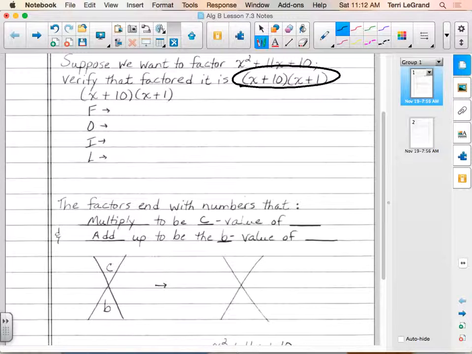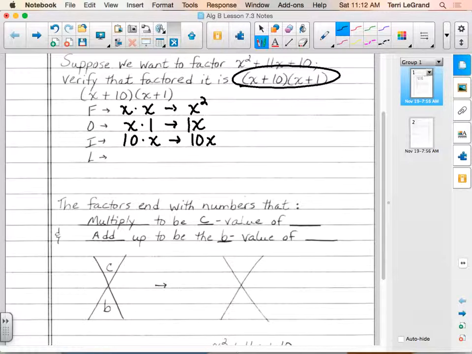So when we FOIL, our F step would be x times x, that's x squared. Our O step would be x times 1, that is x, or 1x if you want the 1 there. Our I step, the inside terms, 10 times x, 10x.